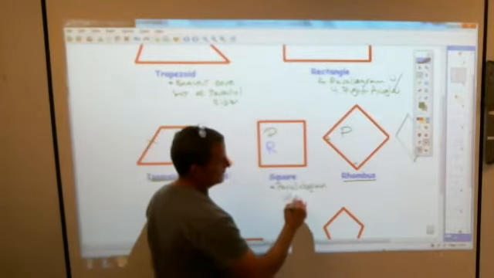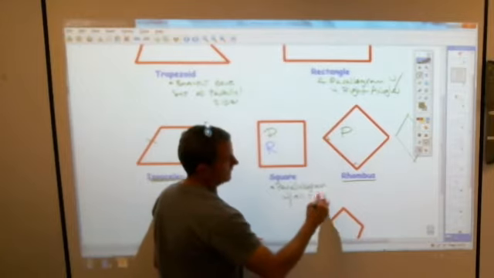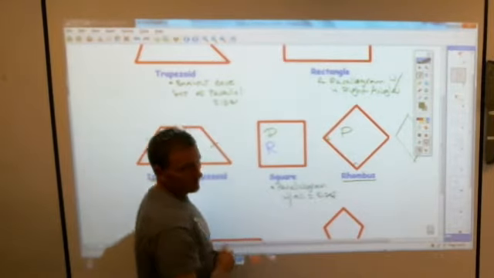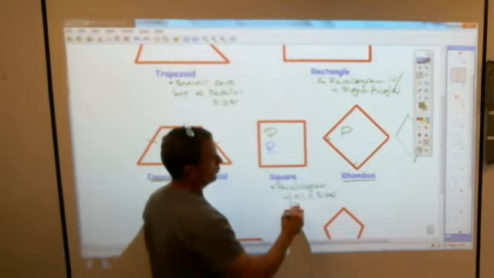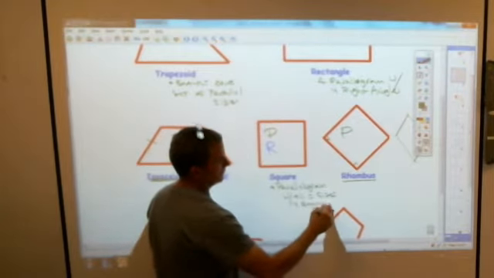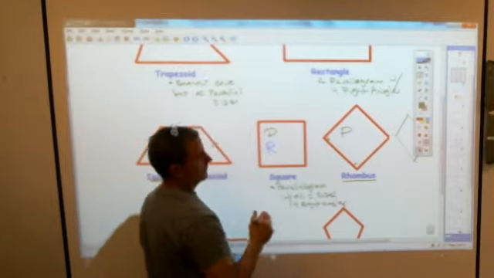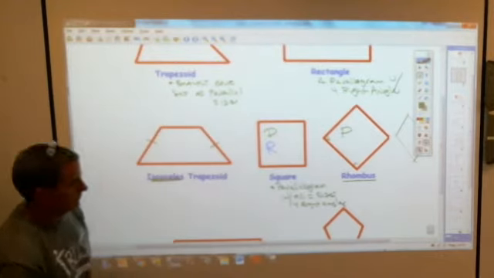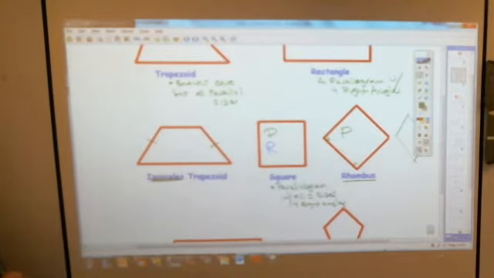Okay, all equal sides. And it has to have one other thing, or 4 right angles. Any other ones there that fit that bill? No. A square is itself a square.